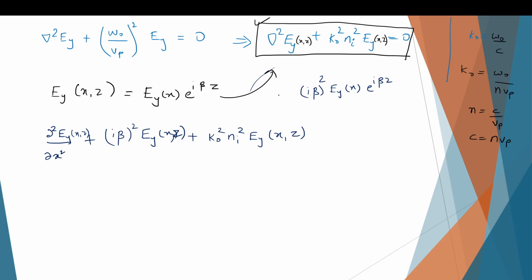So that is the dou square Ey by dou z square term, right? So this is nothing but I beta square Ey of x comma z. I made a mistake by writing it as just Ey of x, so I am correcting it now. Right, so we have come till here.